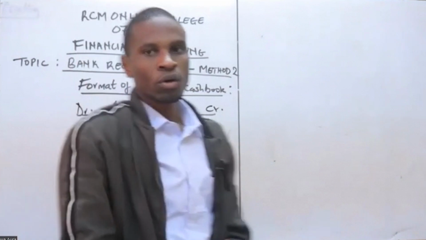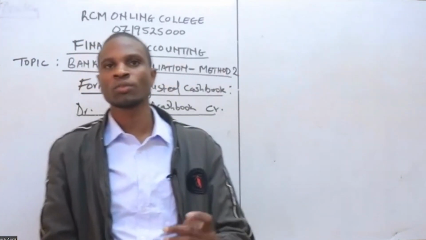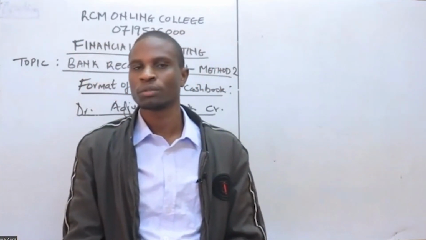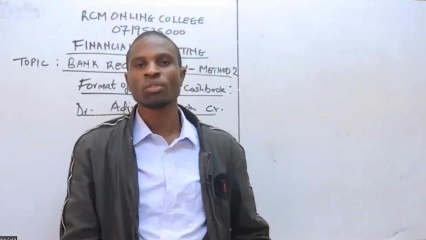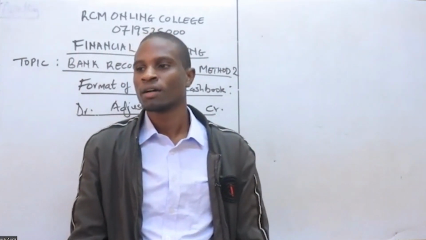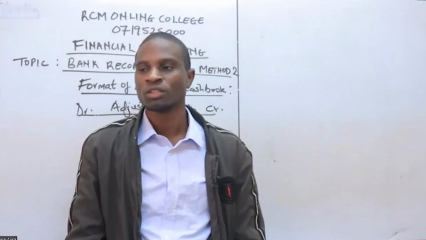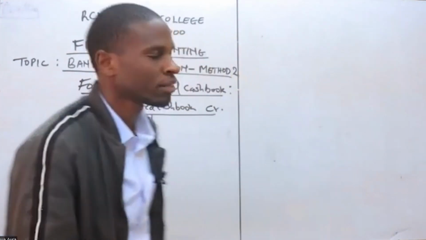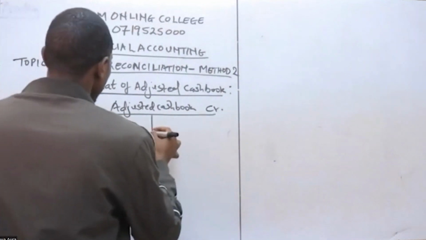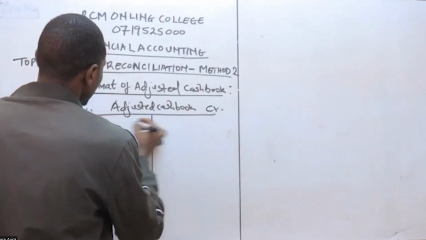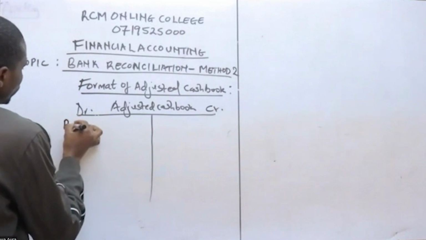So always we usually have a balance from the previous period or previous month. So that balance is always debited. So we shall debit the balance, and then any overstated amount we usually credit.